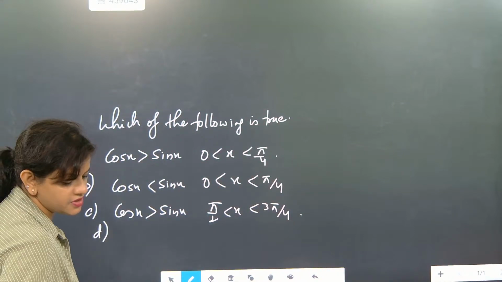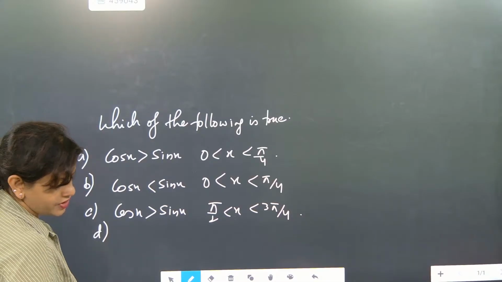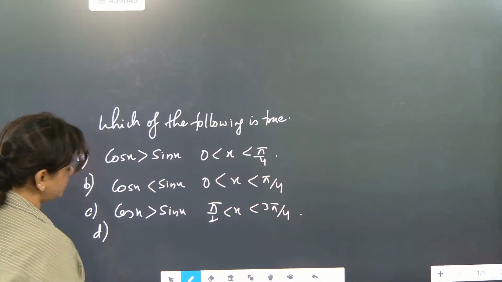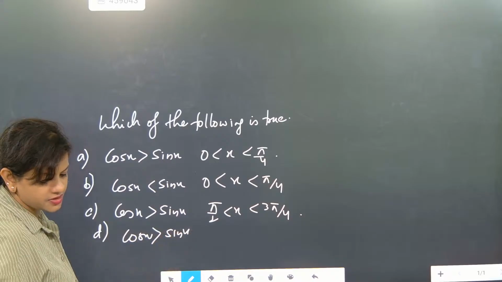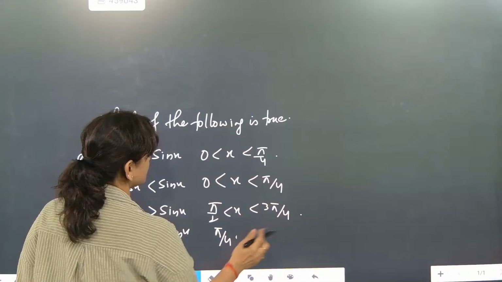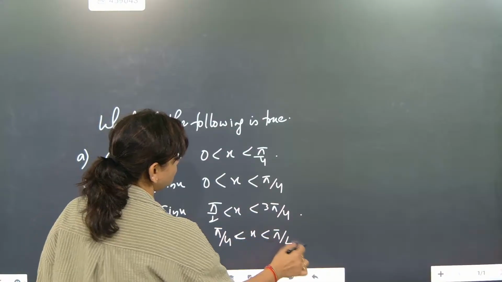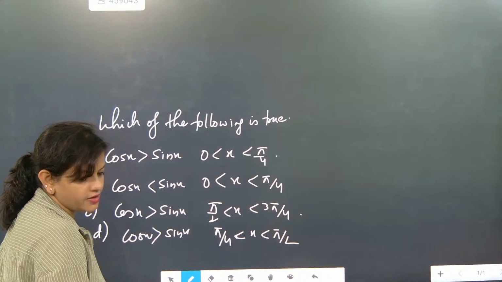Directly we can have an answer for it. Last part is tan x. Check this one out. Cos x is greater than sin x for pi by 4 to pi by 2. Understood. So which one is exactly correct?